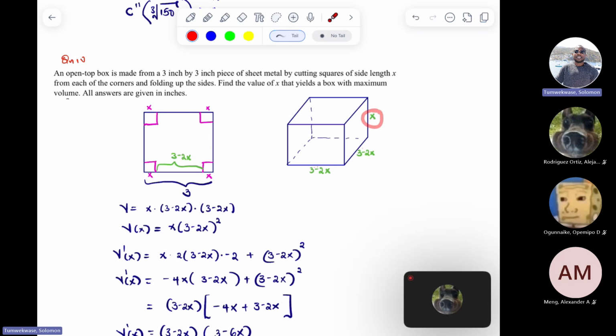So I'm just calling it a side x, because what you're interested in is to find the volume in terms of x. Okay?